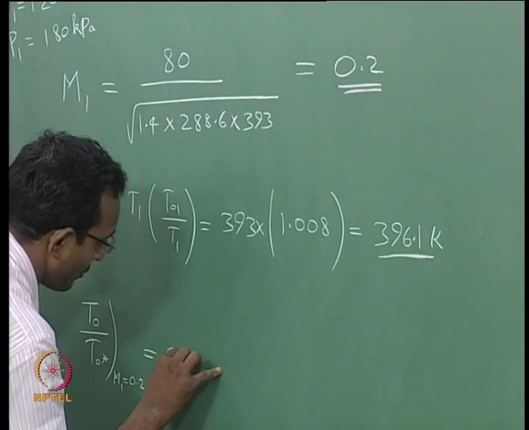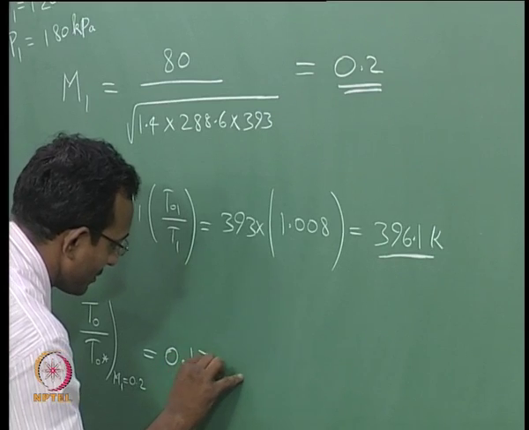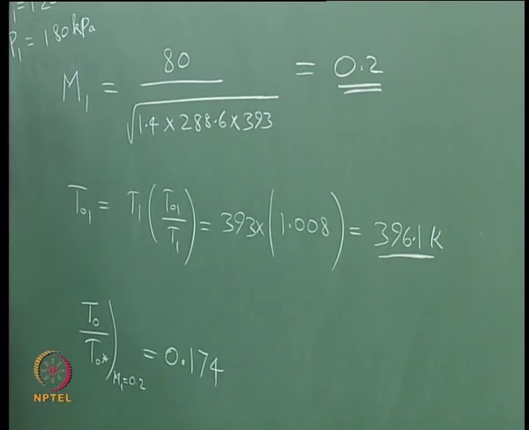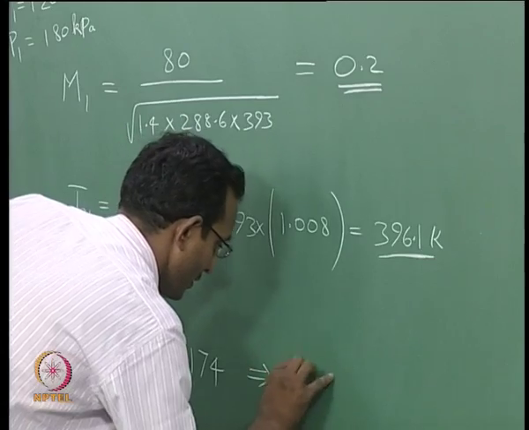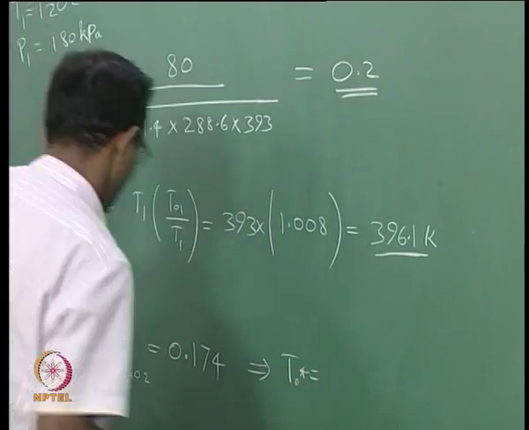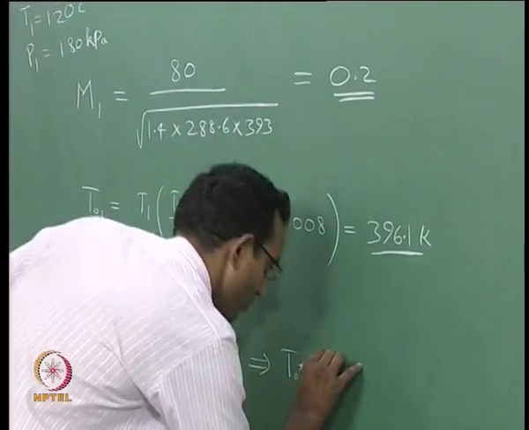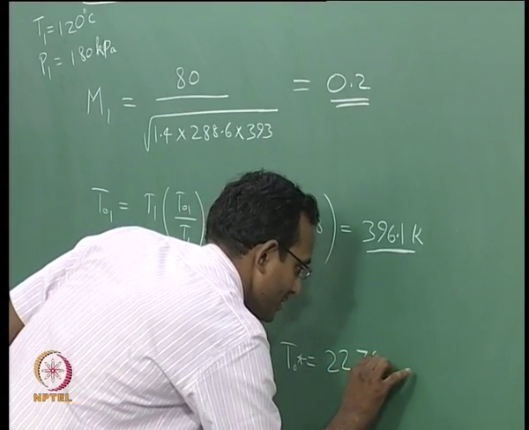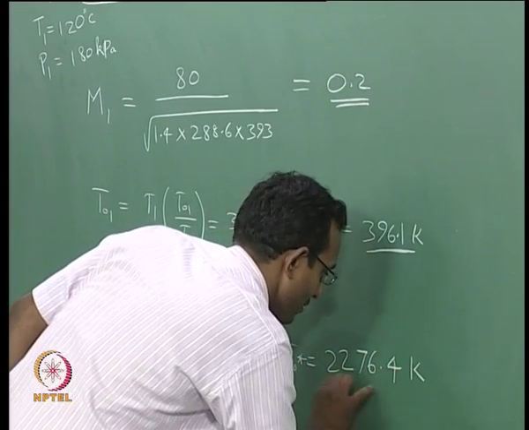For gamma equal to 1.4, that happens to be 0.174. So this is going to give me a T naught star value of 2276.4 Kelvin.